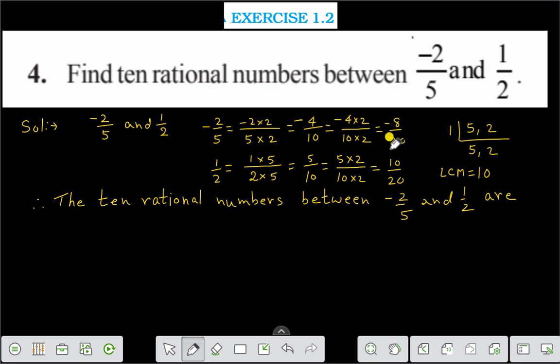Minus 8 by 20, then the next number is minus 7 by 20. The next number is minus 6 by 20. The next is minus 5 by 20.